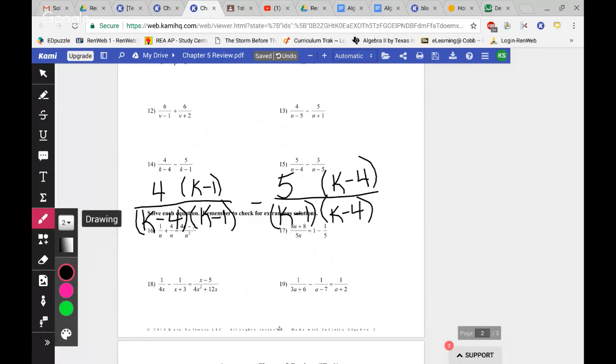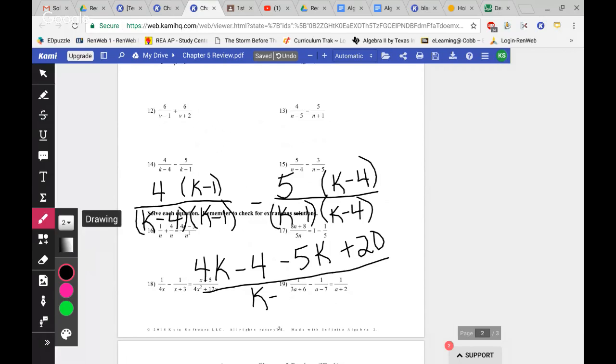And you'll just distribute. So 4k minus 4. And then this is a negative 5, making sure you distribute that negative to both pieces inside the parentheses. So negative 5 times k is negative 5k. And negative 5 times a negative 4 is a positive 20, all over k minus 4, k minus 1.